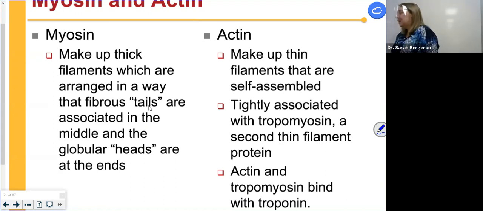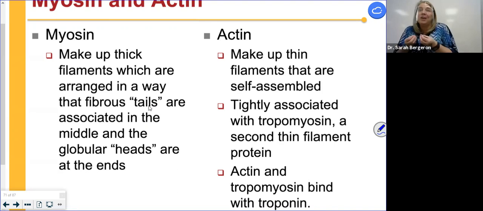So let me tell you something about actin and myosin. They really like each other. They really, really like each other. If possible, myosin is going to bind to actin. Absolutely going to bind to actin. So we have to have a way to ensure that myosin isn't always interacting with actin.